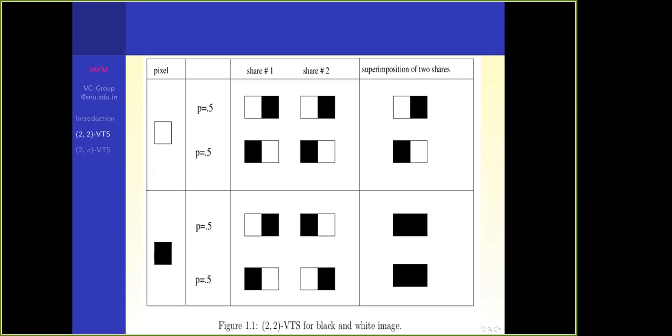I got a white pixel. Now the white pixel, I'll give to 2 shares, 2 persons. I'll toss a coin and take the first one or second one. So I have a flexibility. I can give that first share, white, black, white, black, or I can also give black, white, black, white. It is not a problem. Is it okay?